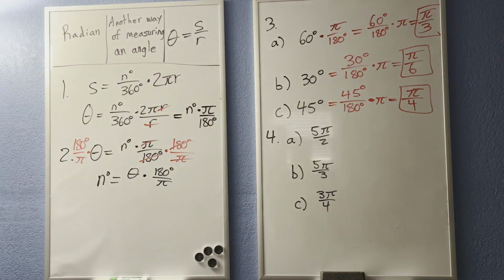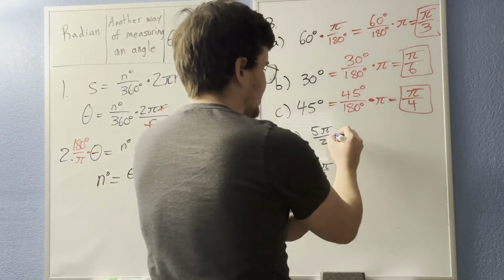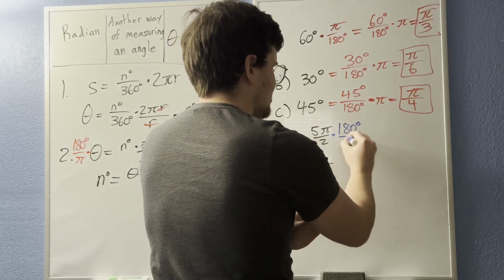Okay? Now, if we want to go the other direction, like on number 4, we're given an angle in radians and we want to go to degrees, we're going to multiply by 180 over pi. Okay? So, on 4a, we have 5 pi over 2. We're going to multiply this by 180 over pi.